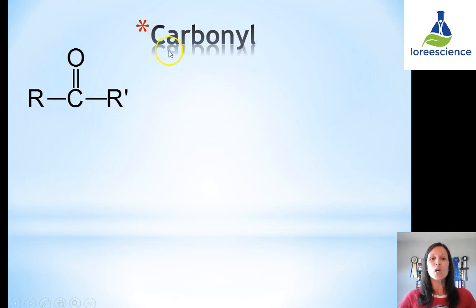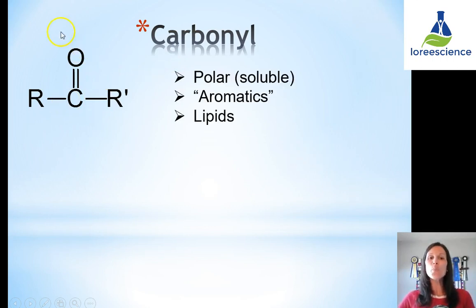So when we look at a carbonyl, there's a carbon with a double bound oxygen. That carbon is also bound to 2 other atoms. So the carbonyl group makes a molecule polar, meaning that it is soluble in water.